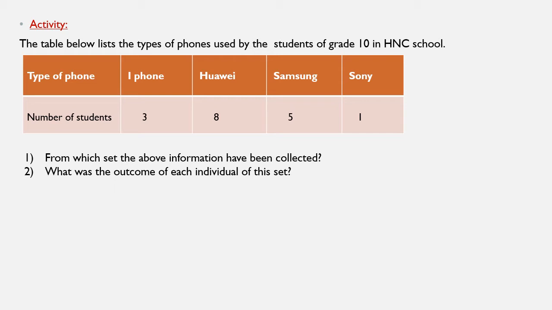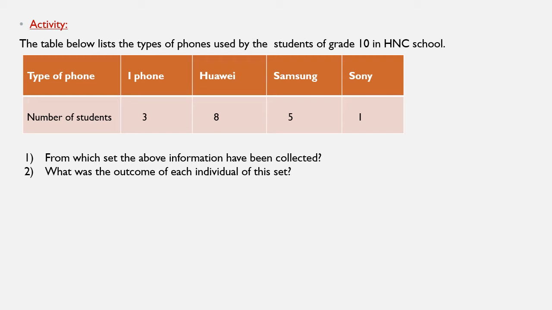Question number 2. What was the outcome of each individual of this set? In other words, what was the answer of each student? The answer of each student was the type of his or her phone. Thus, the outcome is the type of the phone.